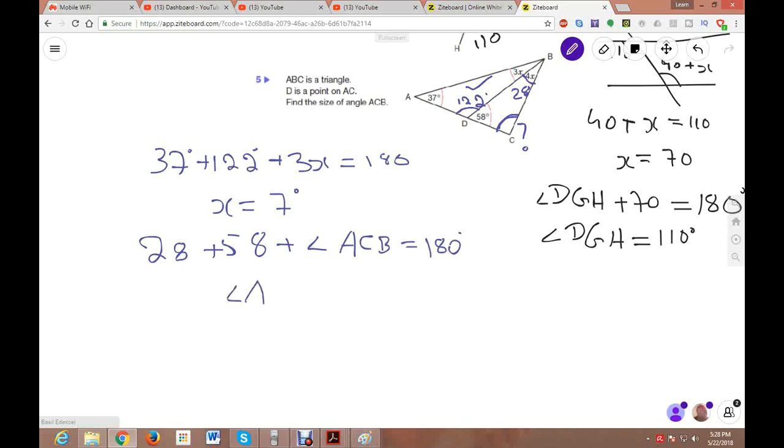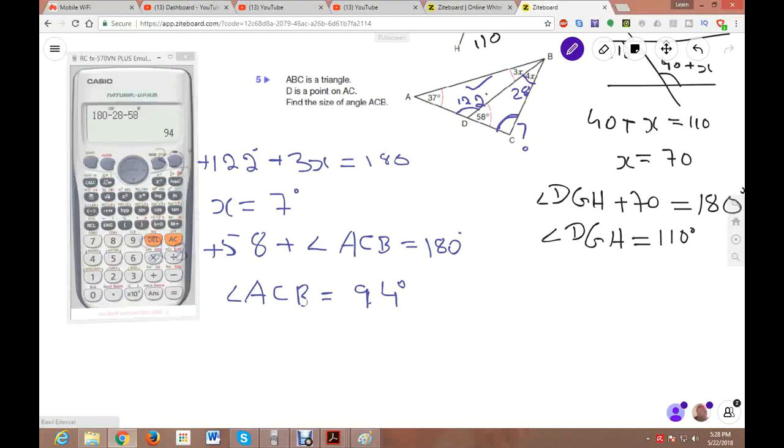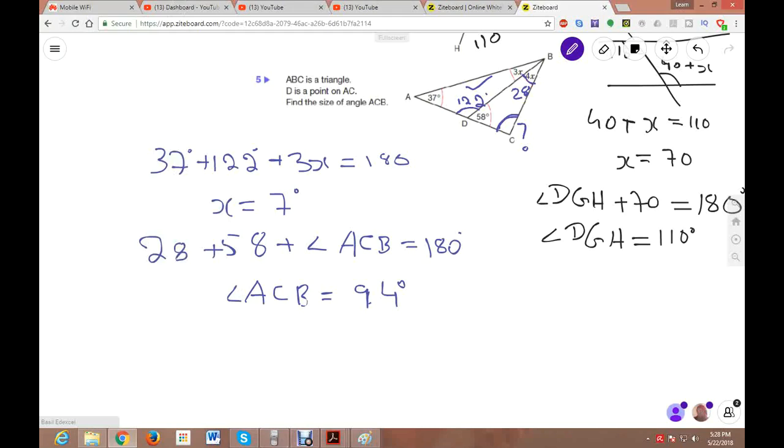So angle ACB is therefore 94. And you can see here, it seems to be 90 degrees in the figure, but it is a little bit obtuse. Okay, so that's it. Let's see the next question.